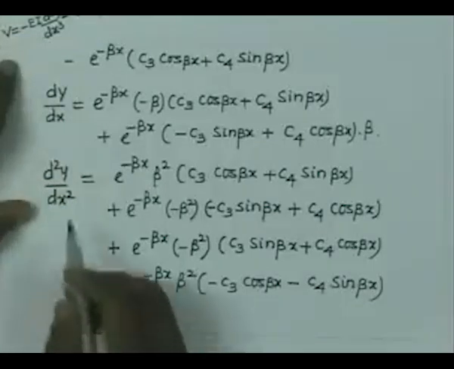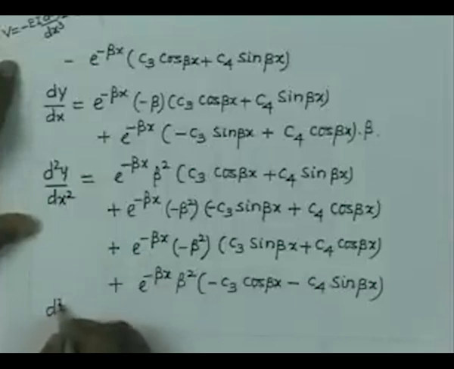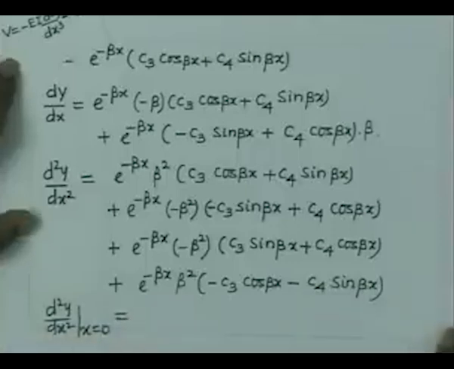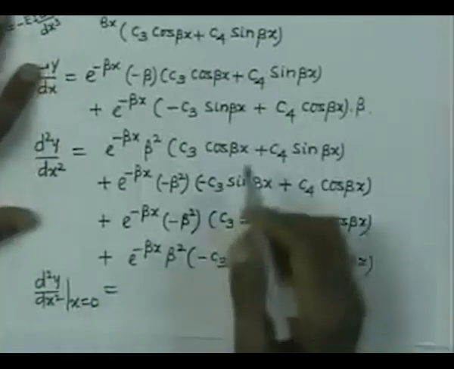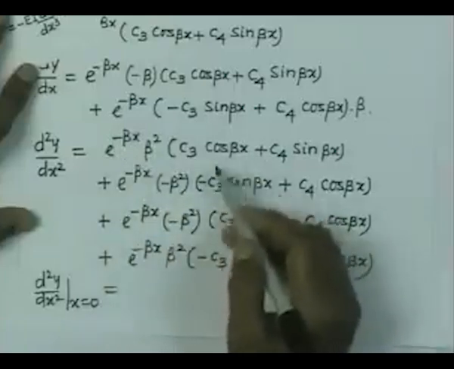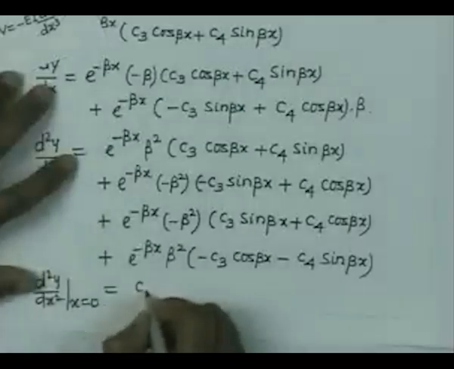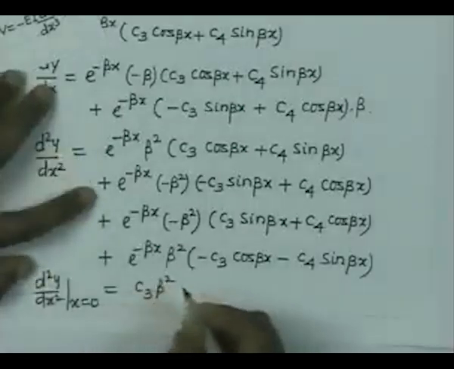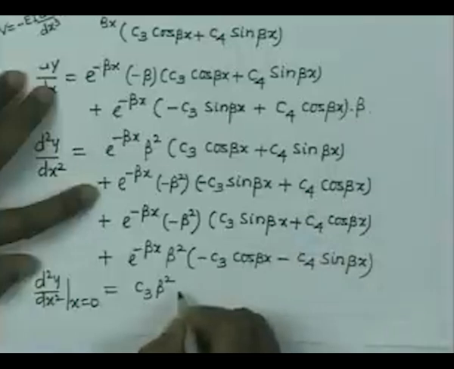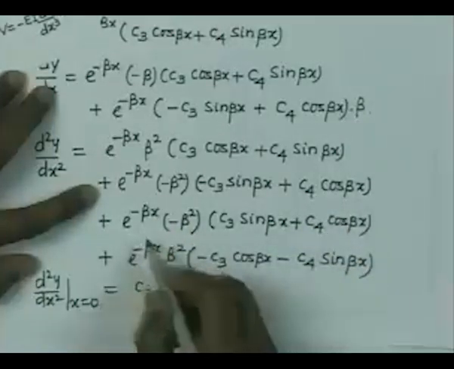If we now consider x equal to 0, the derivative at x equal to 0, then these terms will become unity, and only the cosine terms will give us contribution: C3 beta square, and here it is minus C4 beta square, and here also we are going to get C4 beta square.